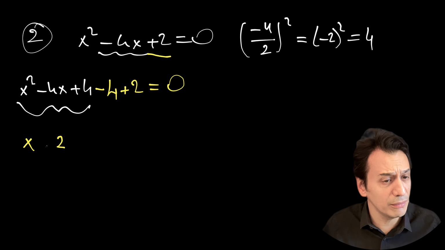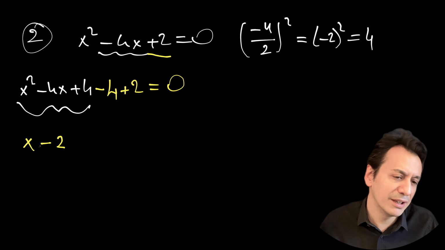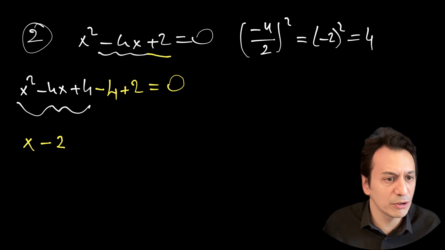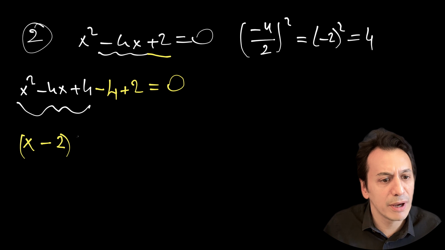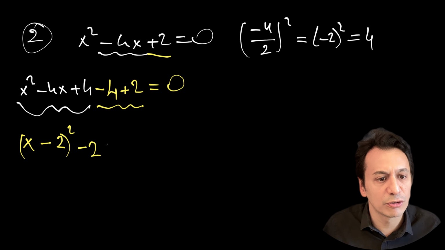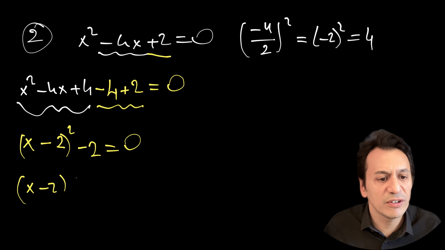And the sign should be minus because the middle term is a minus, okay? x minus 2 squared. So this part makes minus 2 equals 0. Let's solve this equation.